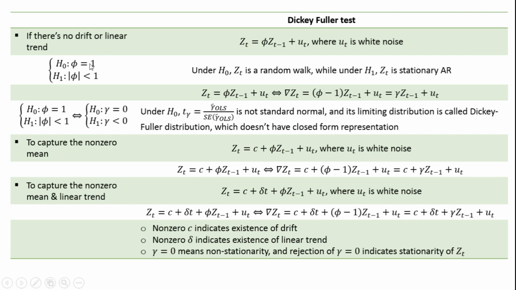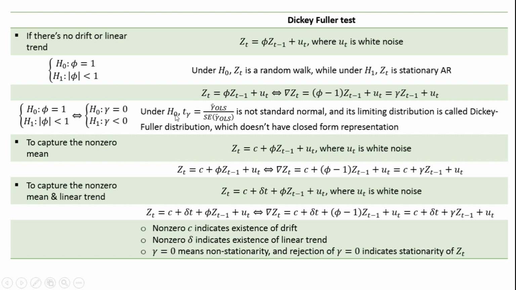The Dickey-Fuller test is based on the hypothesis H0 that phi equals 1 versus the alternative hypothesis that the modulus of phi is less than 1. Under H0, zt is a random walk, while under H1, zt is a stationary autoregressive process.